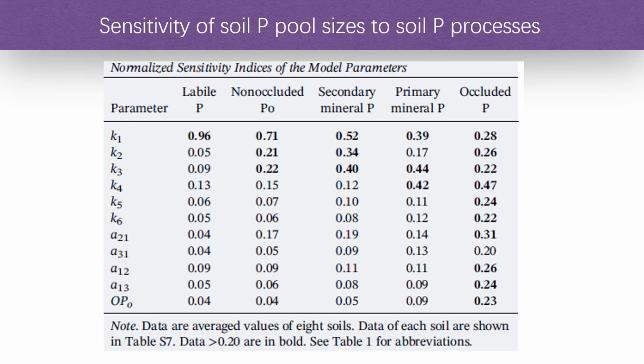Our results also enabled an exploration of the sensitivity of soil phosphorus pools to soil phosphorus processes. For example, the pool size of soil labile phosphorus was mainly determined by its turnover rate, K1.